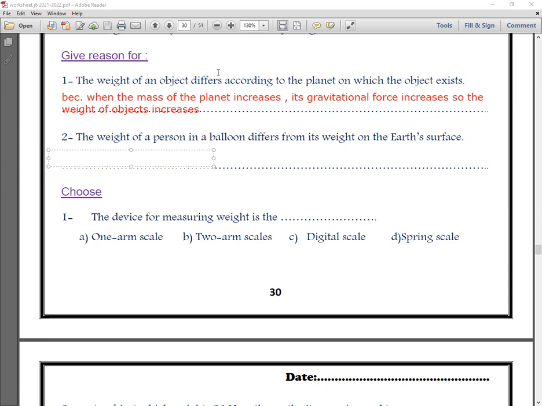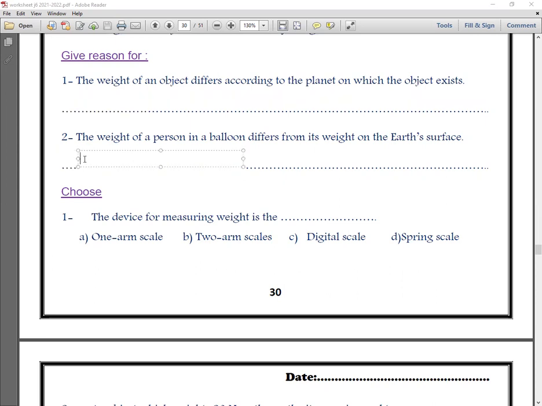Because as we go away from the center of the Earth, the gravitational force decreases, so the weight decreases.